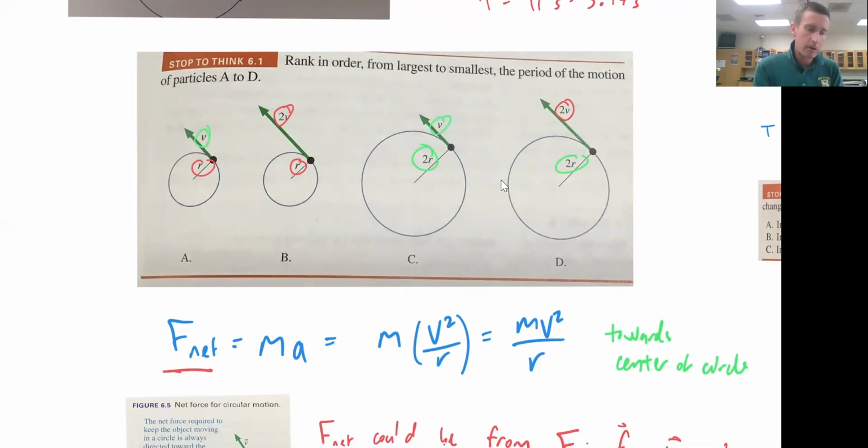Okay, so the largest period would be my two greens, right? More, more. So I'm going to say C is the largest. C is going to be my greatest period.